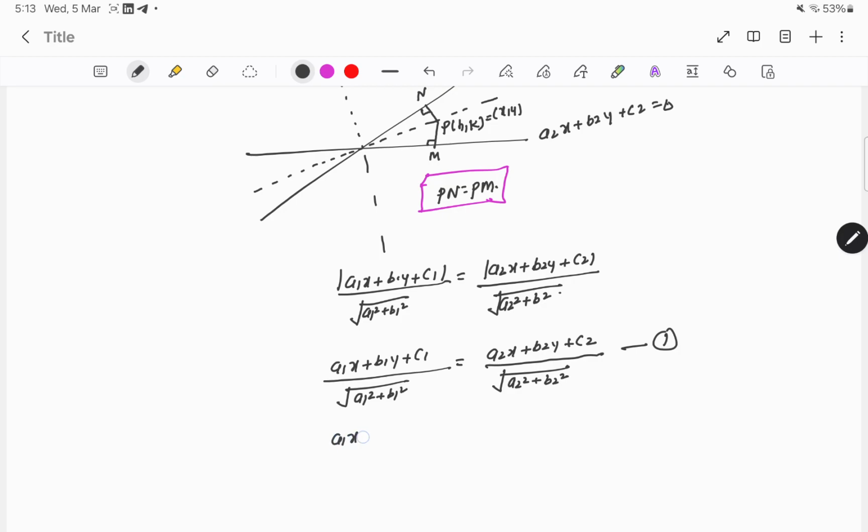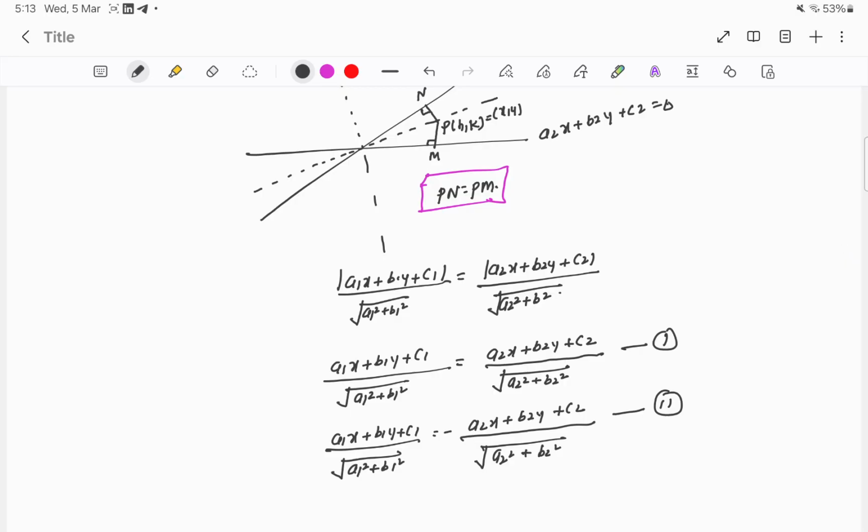Now (a1x plus b1y plus c1) by the square root of a1 square plus b1 square equals minus times (a2x plus b2y plus c2) by the square root of a2 square plus b2 square. This is the second. Now we have to decide whether equation 1 is the angular bisector or equation 2 is the angular bisector. How will we decide?